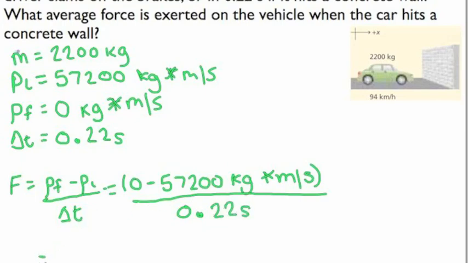And you can see our force is going to be huge: 260,000 newtons. Okay, so there we go. We did momentum, and we did impulse, and we did the impulse momentum theorem. So that's kind of what we learned today in this video.